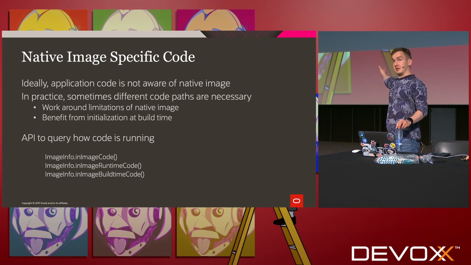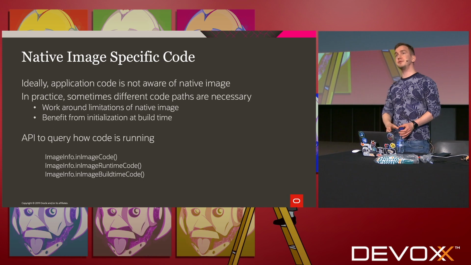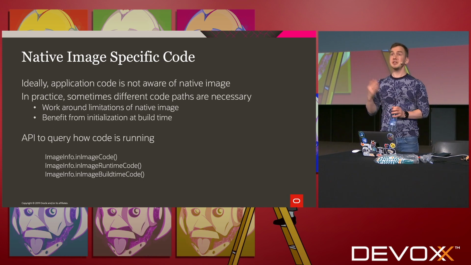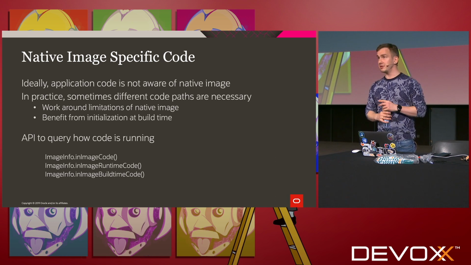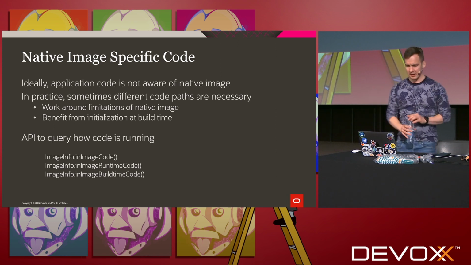This means you can shape your code to make the best usage of the features for native image. I'm not saying that you should do that. I'm saying that you can. Because as developers, you have the ultimate power over the application that you're developing. No one else knows it better, and no one else can change it as well as you do, hopefully.